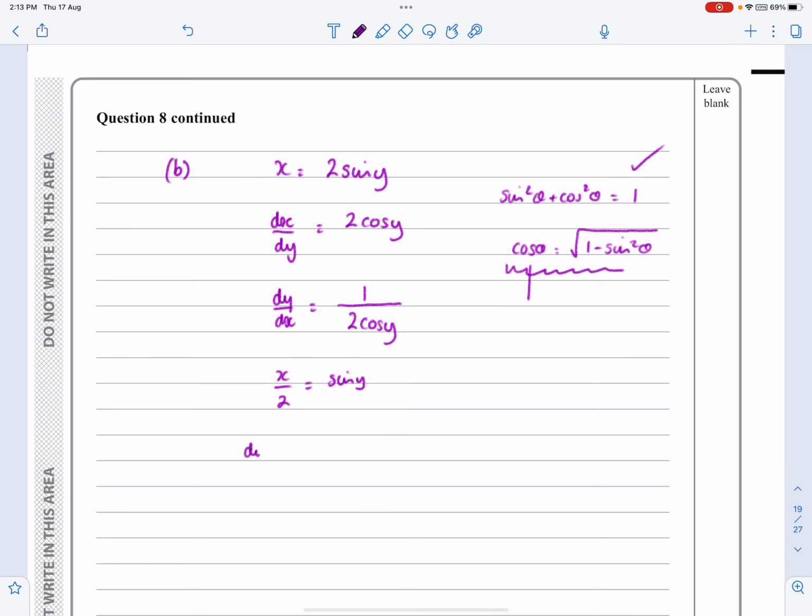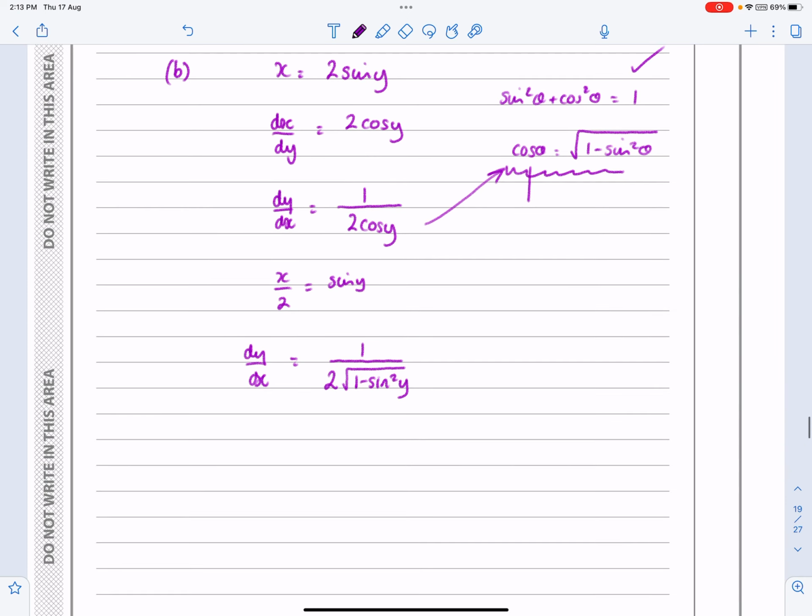So if I've got that dy by dx is 1 over 2 cos y, it's 1 over 2, well, cos y, using that information now, is the square root of 1 minus sine squared y, and now substituting that in, dy by dx is equal to 1 over 2 square root of 1 minus x over 2 all squared.